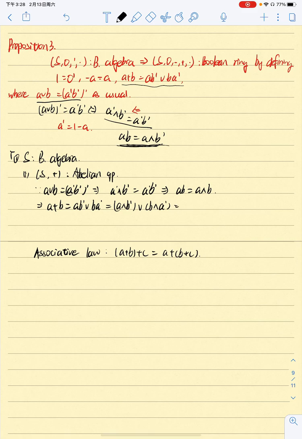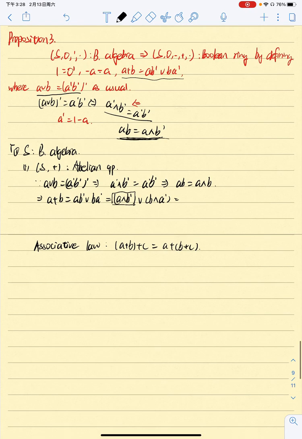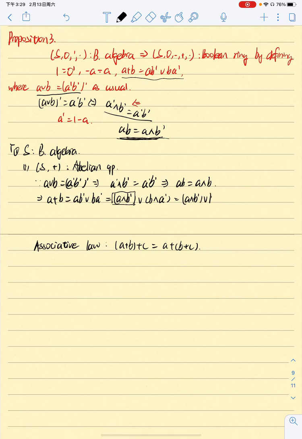Okay, by the distributive law, we say this is an intersection: A and B prime or B, and A and B prime or A prime.